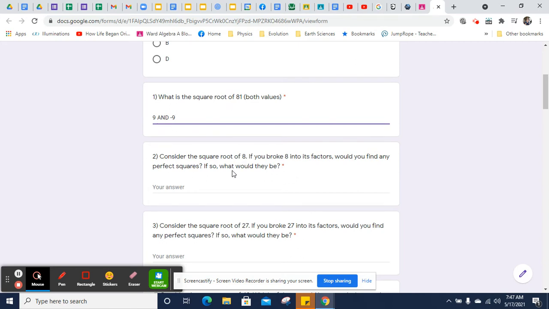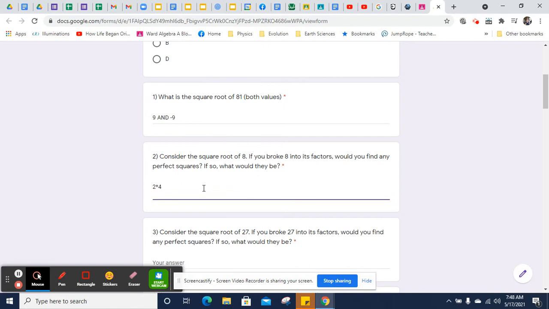We're going to take a look at the square root of 8. If we broke it into its factors, could we find any perfect squares? Well, if you broke it all the way into its factors, you'd get 2 times 2 times 2. But since you've got a pair of factors there, that represents a perfect square. So 4 times 2, and so 4 is a perfect square.